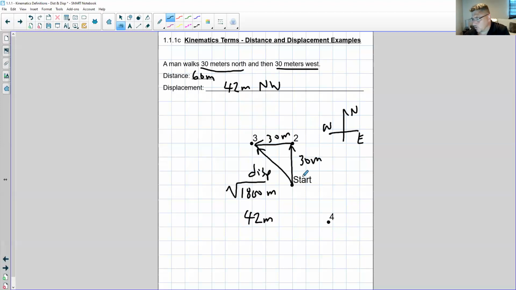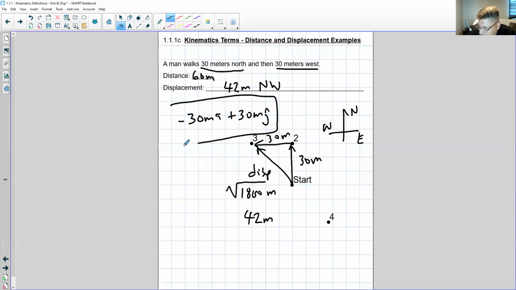It's not one-dimensional motion. However, if you watch the lesson on unit vector notation, or you know something about unit vector notation, you know that the easier way to write down this displacement is actually to say minus 30 meters i hat plus 30 meters j hat.